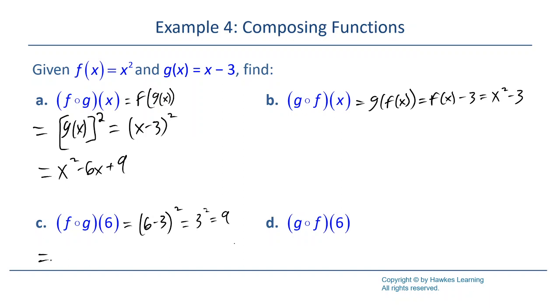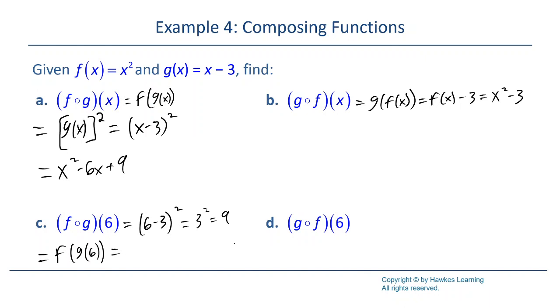Now, one other thing you can do is, this is kind of going back towards the way that we did with the graphical representation. If you do f of g of 6, first you could calculate what is g of 6.